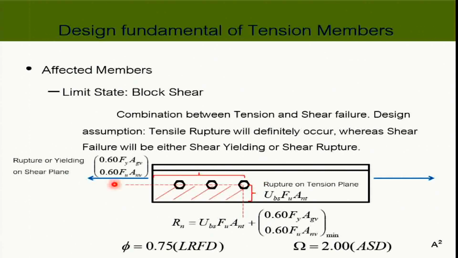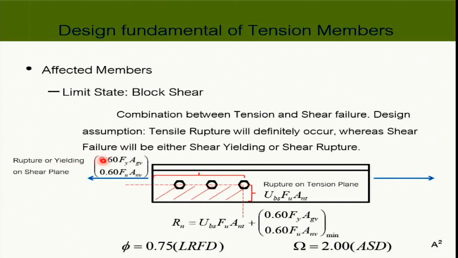And the design model is that we need to compare this shear rupture with the shear yielding. So when it comes to shear yielding, it means that it is 0.6 but Fy this time and multiply by the gross shear area, which is the entire area from this down to the center of the bolt hole here.